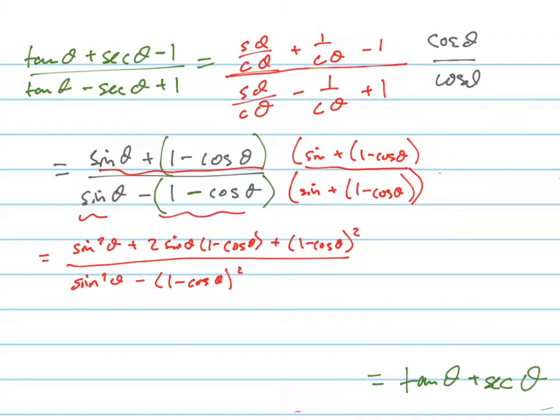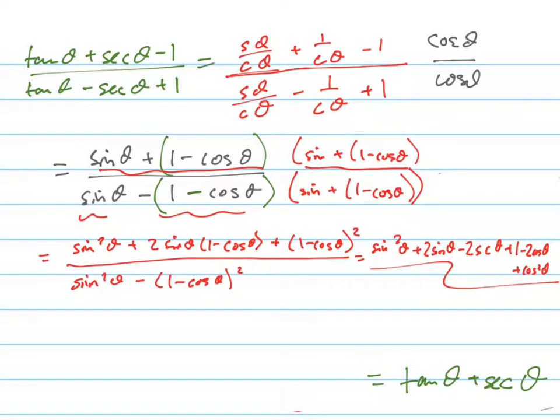So in the top here, this equals sine squared theta plus 2 sine theta minus 2 sine cosine theta plus 1 minus 2 cosine theta plus cosine squared theta.